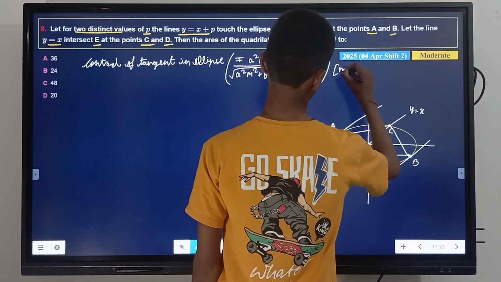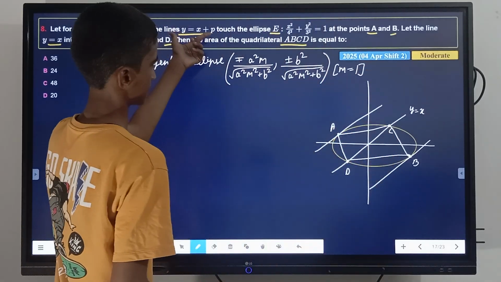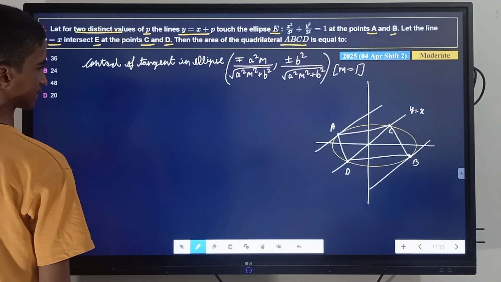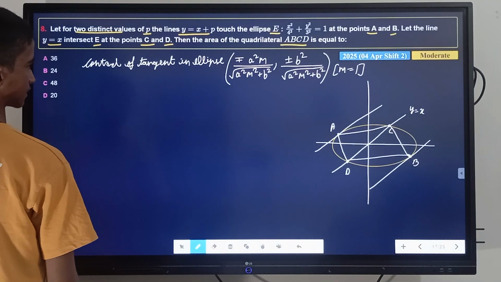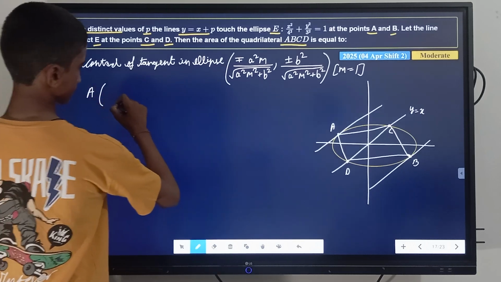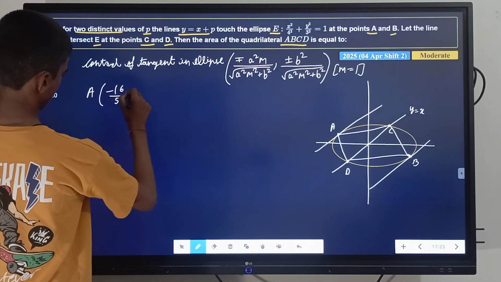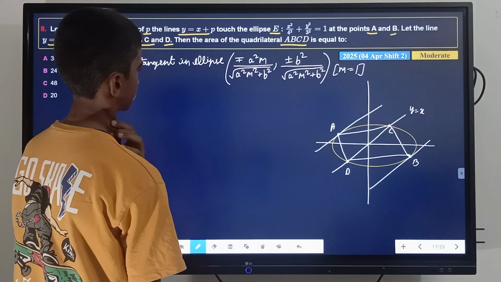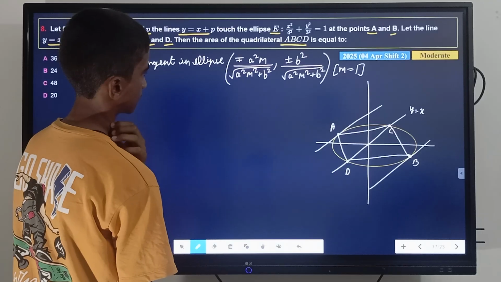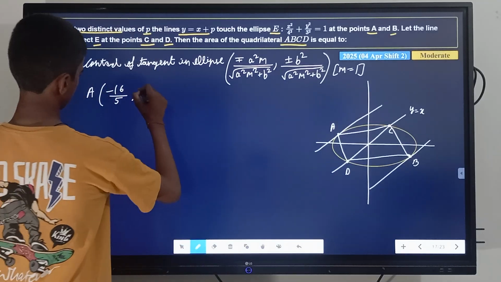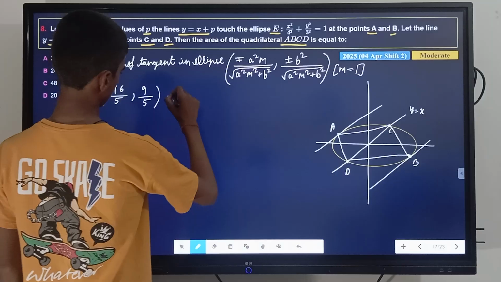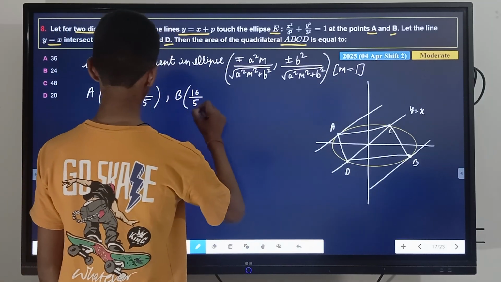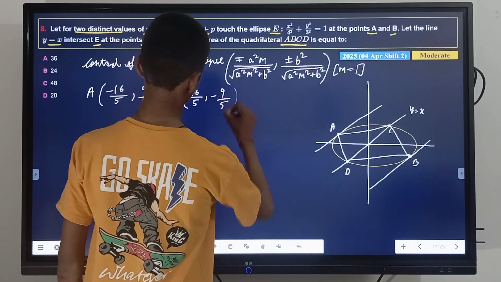And our m is equal to 1 because this is our line, and here our slope is equal to 1. From there we can say our A is (minus 16 by 5, 9 by 5) and B is (16 by 5, minus 9 by 5).